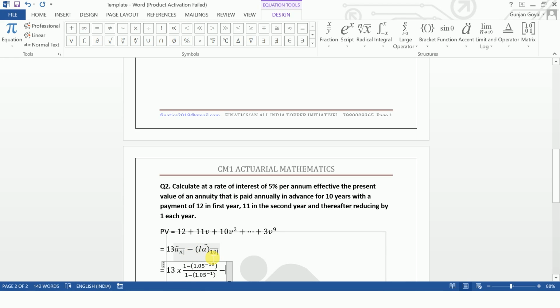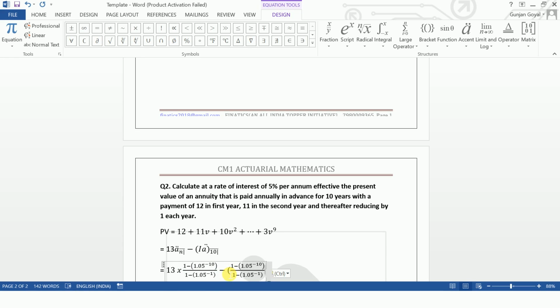Next I have to solve the Ia-due part. We can copy this entire part because it remains the same in the Ia-due formula, with a bracket because we need a denominator also.